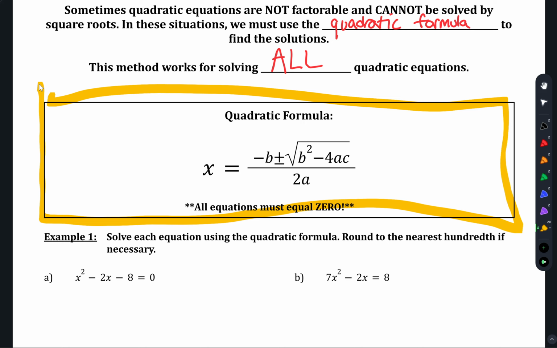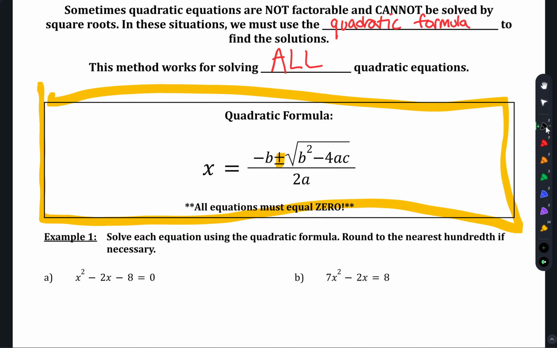It's x equals negative b plus or minus, that's an important part, the square root of b squared minus 4ac all over 2 times a. And you might be thinking, Miss Lise, where do those numbers come from?